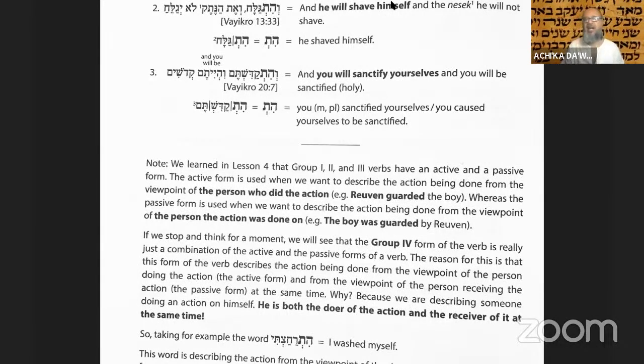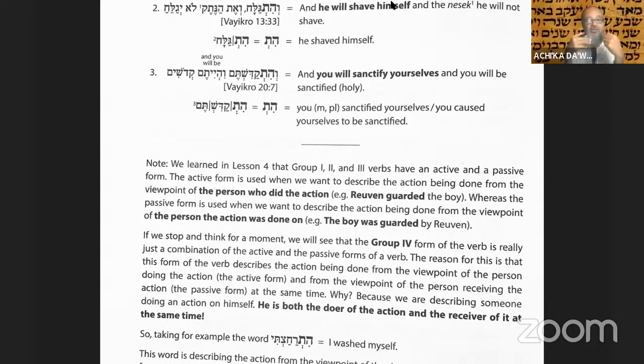It says, if we stop and think for a moment, we will see that the group number 4 form of the verb is really just a combination of both the active and passive forms of a verb, meaning you're not the only one doing the action, but you're the same one receiving the action. The form of the verb describes the action from the viewpoint of the person doing the action, which is the active form, and from the viewpoint of the person receiving the action.